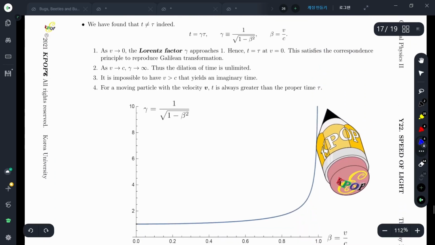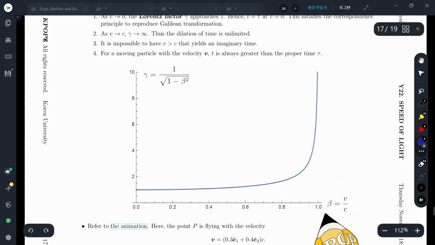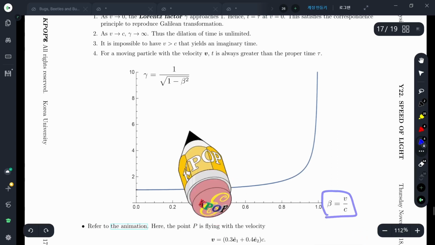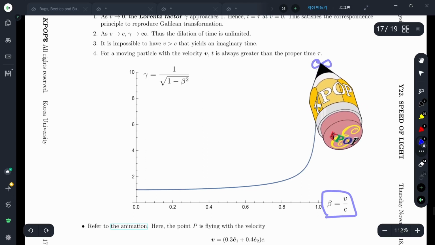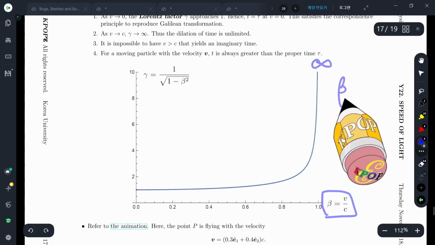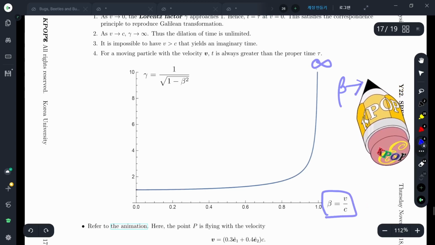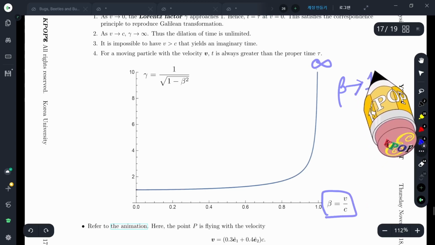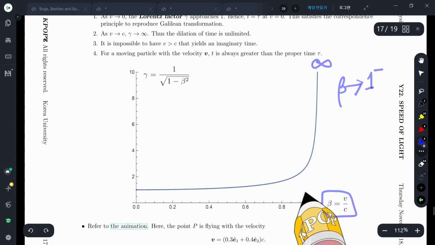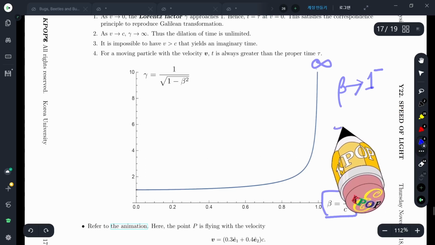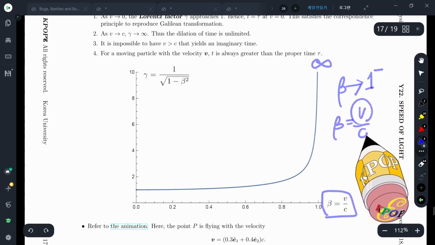The Lorentz factor's graph depends on the explicit value for beta, and when beta reaches 1, it grows up to infinity. This means that beta will never reach 1, so it approaches 1 from below. Beta is v over c. V can never reach the speed of light.